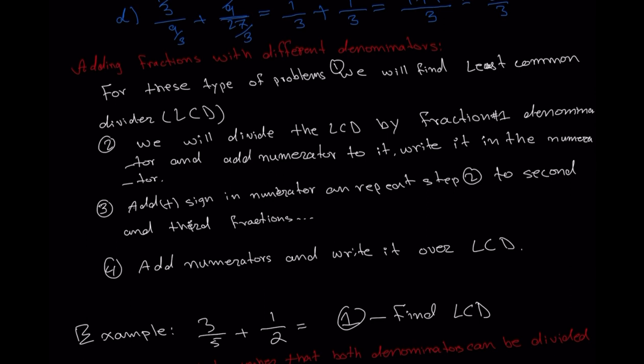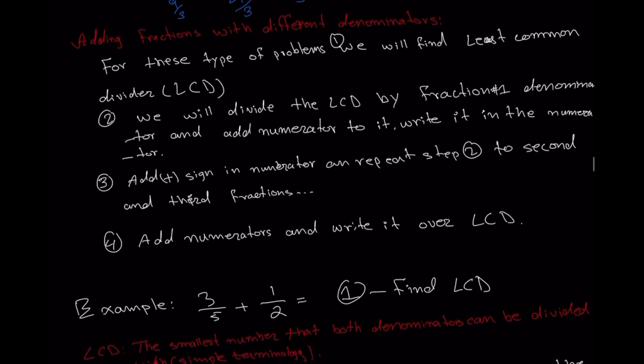Now, adding fractions with different denominators. This is a tricky one. What do we do here? For these types of problems, first we find the least common divisor or LCD. Then the second step, we will divide the LCD by the first fraction's denominator, multiply by its numerator, and write it in the numerator.